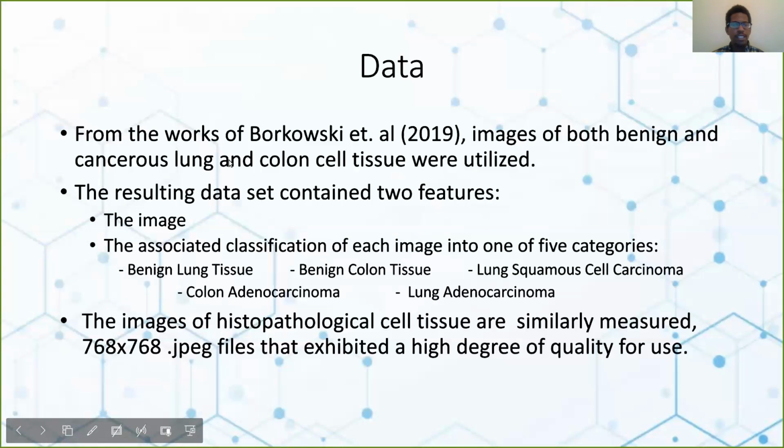The images of histopathological cell tissue were similarly measured, with a high quality of 768 by 768 pixels as saved in JPEG files. These files all exhibited a high degree of quality for use in machine learning and deep learning.